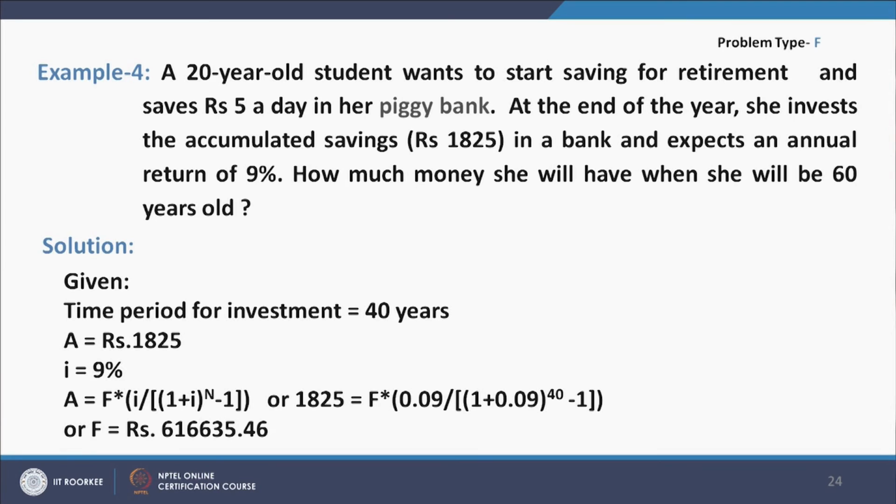What is given here? A is given, which is 1,825, I is given 9%. So, we have to find out F. So, we pick up an equation which relates A to F as given below, and we put the values, and then we find out F is equal to 6,16,635.46.